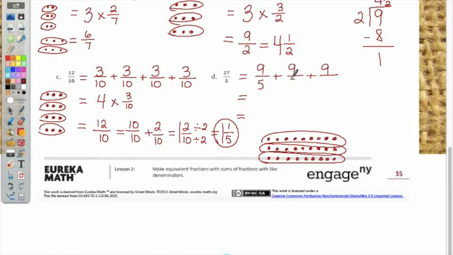No. Okay. Now, your multiplication sentence. Arturo, you want to give it a try? What are you going to write? How many copies of 9/5 do I have? 3 copies. So 3 times what? 9/5. Good.